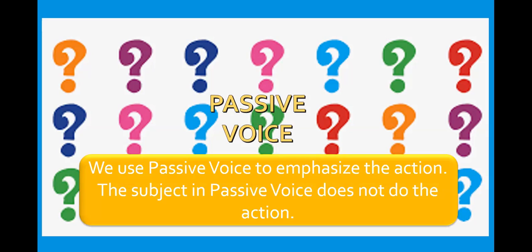We use passive voice to emphasize the action, to concentrate on the action, to focus on the action. The subject, remember, is typically the first part of the sentence. The subject in passive voice does not do the action. So that's what we have to remember.